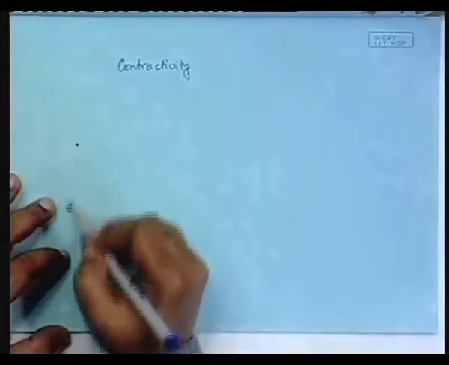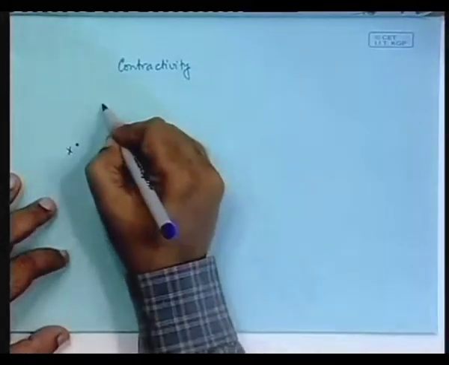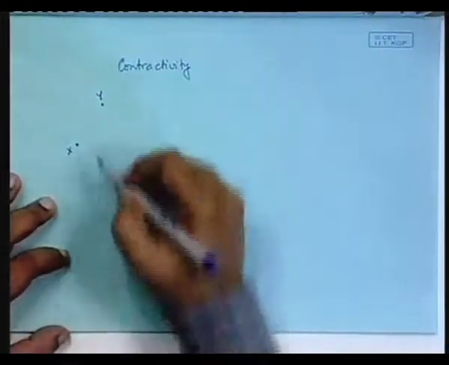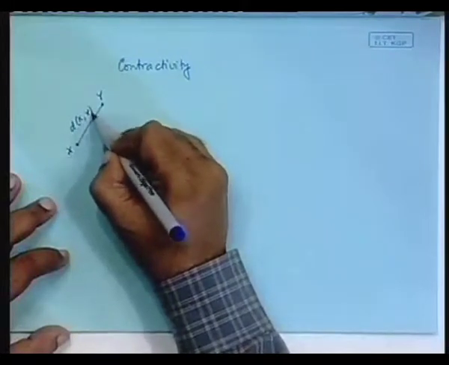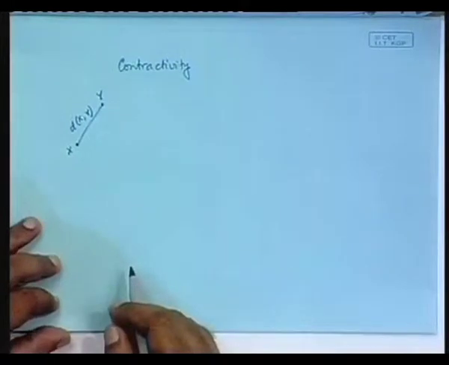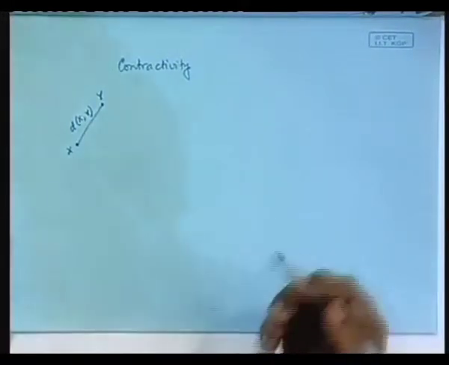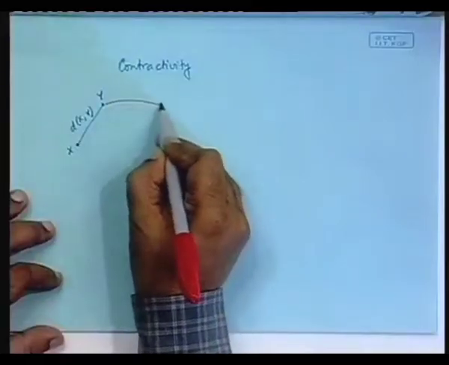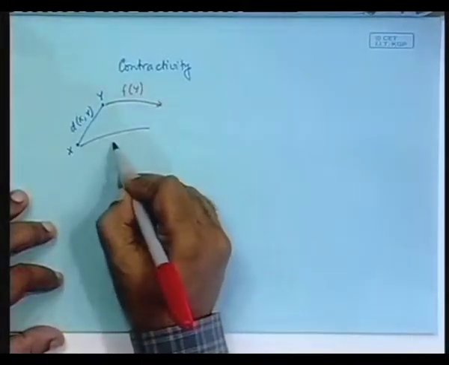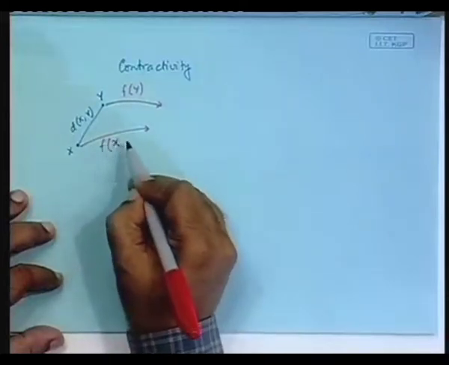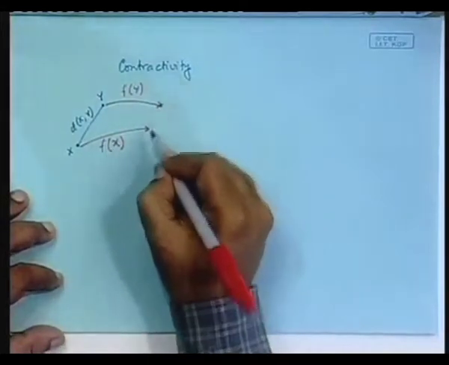The contractivity is simply as follows: if you have one point x and another point y, and you know the distance between them, d of x y, and then you define a function f, f of y and f of x, it lands here, it lands here.